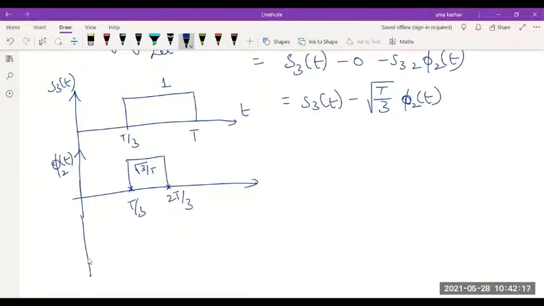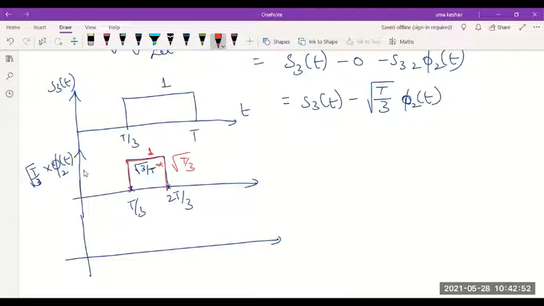When I multiply this, what will I get? Say phi 2 into root t by 3. What does it become? Here it is 0. Here root 3 by t. If I multiply this root 3 by t with root t by 3, this value turns out to be 1. So S32 into phi 2 will have the value 1 in the range t by 3 to 2t by 3.